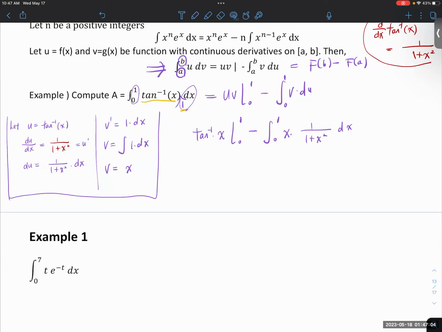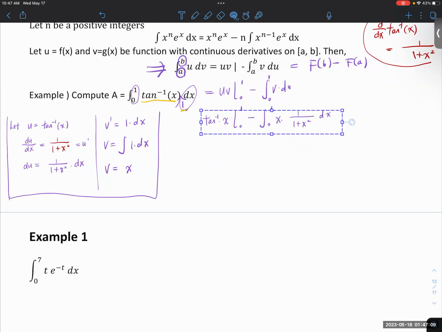So let's do step-by-step work. I'm going to minimize it a little bit. So this part, capital F at 1 minus F at 0. So it is going to be tangent inverse 1 minus tangent inverse 0. So you can calculate this.